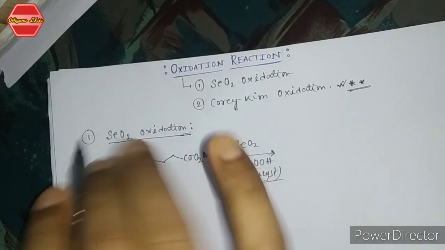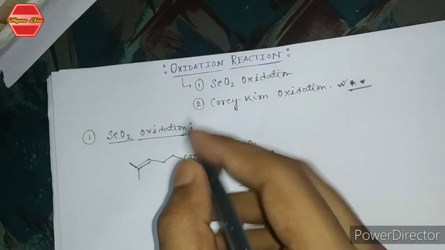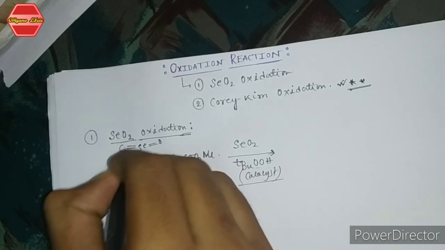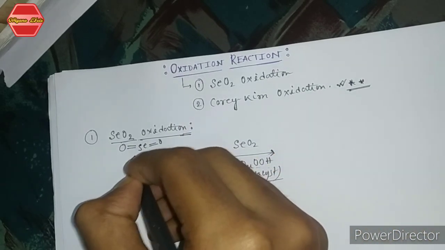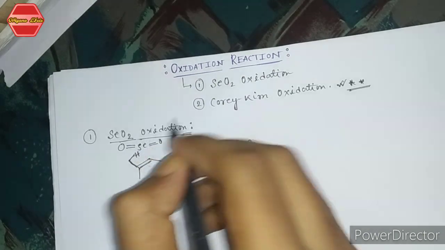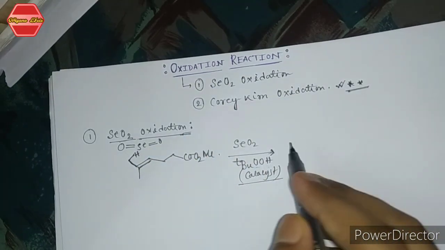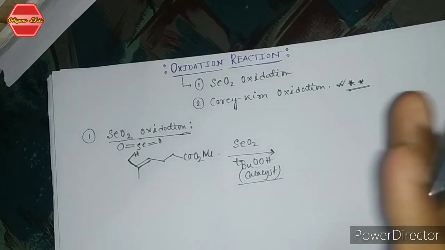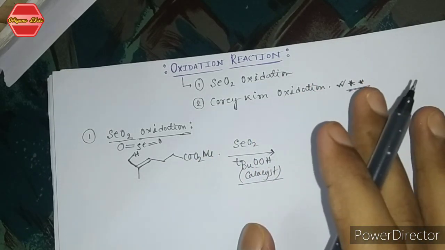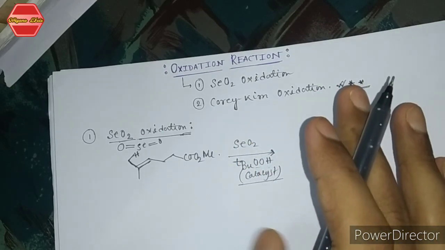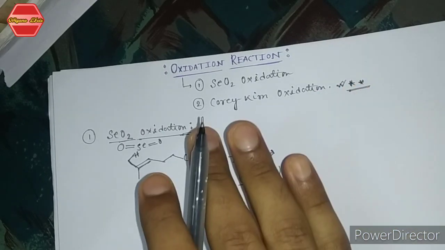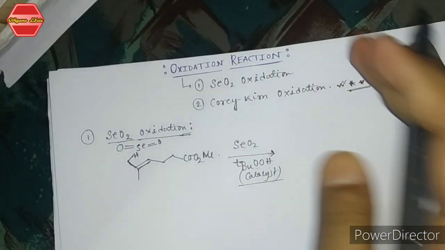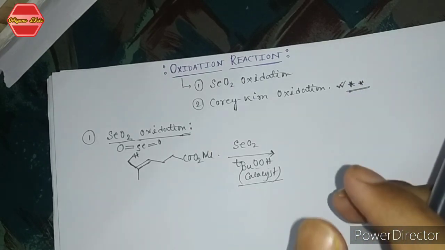Now see the mechanism, how the reaction proceeds. The structure of SeO2 is like this. There are two types of pericyclic reaction in this mechanism: in the first step there is an ene reaction, and in the second step there is a 2,3 sigmatropic rearrangement.